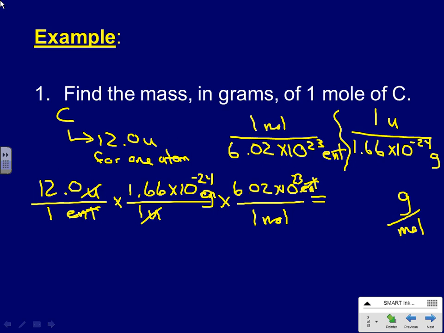Use your EXP buttons the way I taught you how, right? Do it all properly. Again, you don't need to write this stuff down. We just need to actually calculate it in order to make some sense out of it.